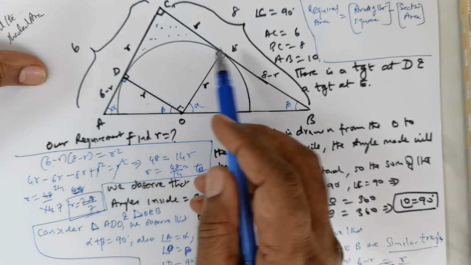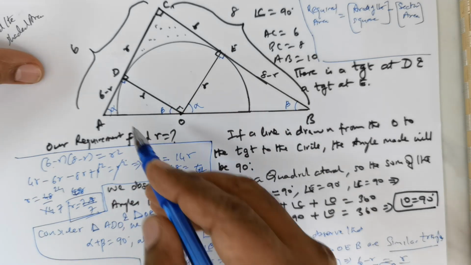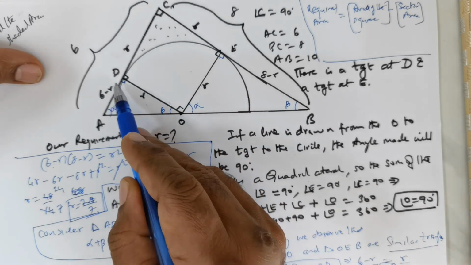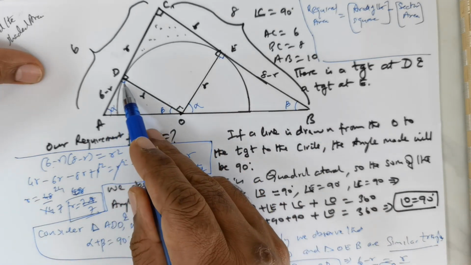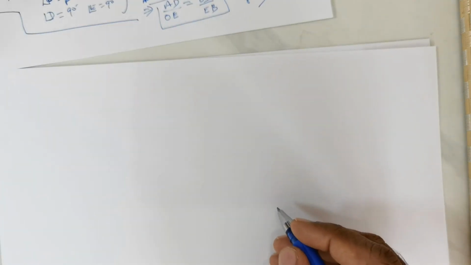So clearly I have explained the figure, and now I would like to consider triangle ADO. Now clearly there is a 90 degree angle. So let me just draw the triangles.